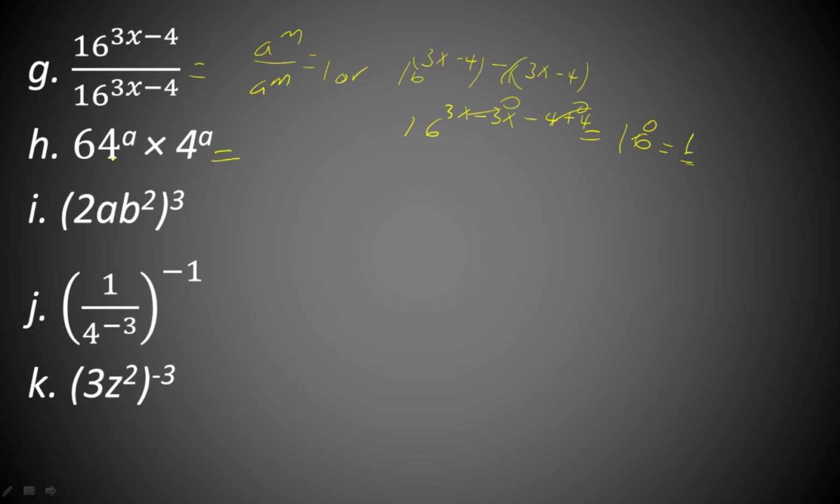Since we have the same exponent, we can collect them: 64 times 4. 4 times 4 is 16, carry 1. 4 times 6 is 24, plus 1 is 25.